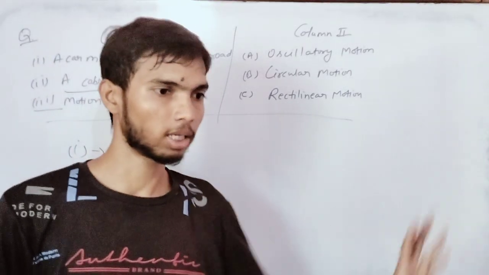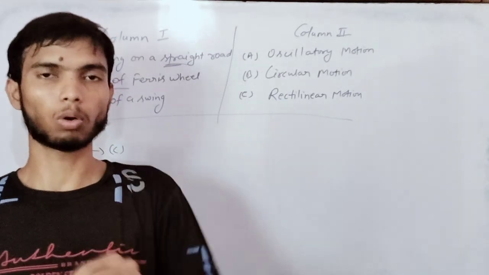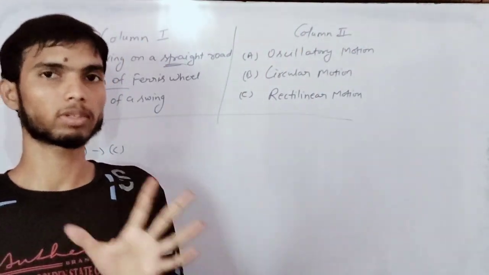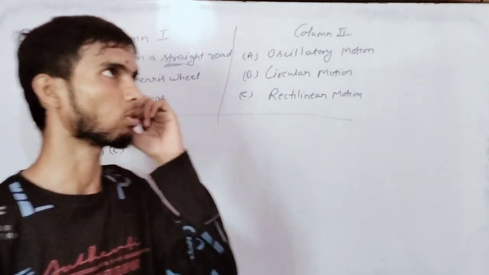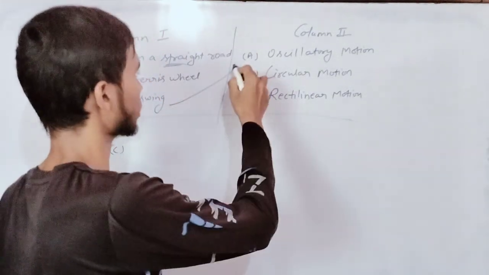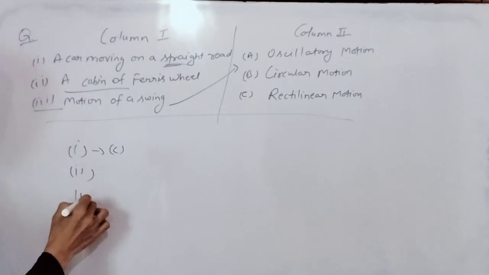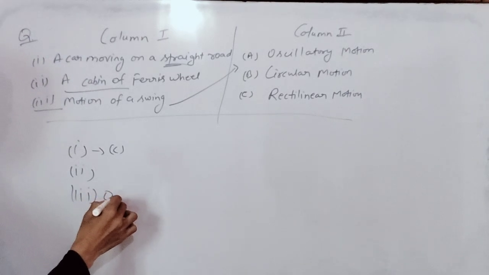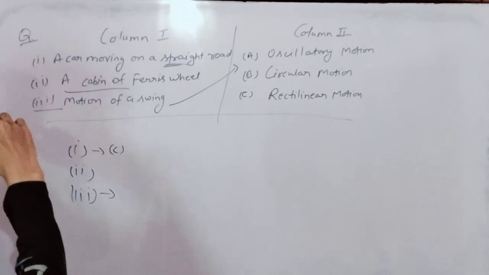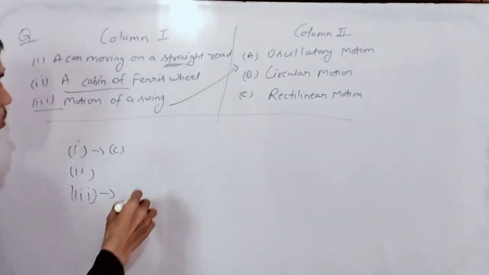A swing will move like that, not completely like that. So it is oscillatory, which means to and fro, to and fro. So can you say oscillatory? Yes, oscillatory. So third is oscillatory.